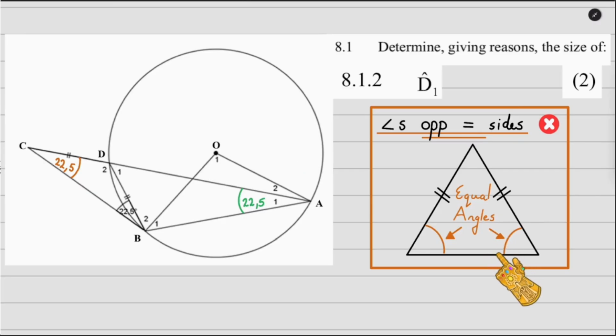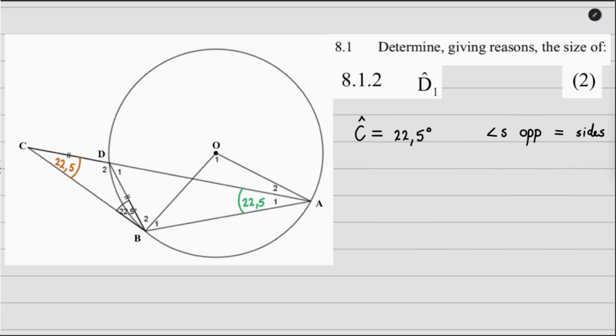And when we state that C equals 22.5, we're going to use this as our reason: angles opposite equal sides. And now to get D1, we're going to use exterior angles of triangle, because D1 is the exterior angle of triangle CDB.